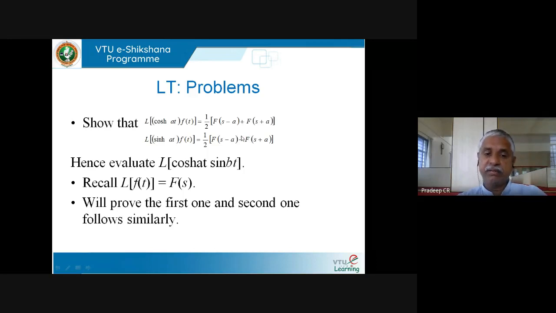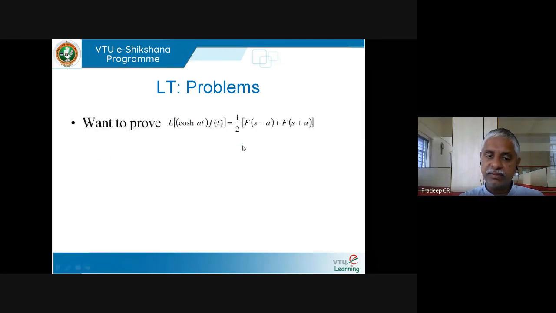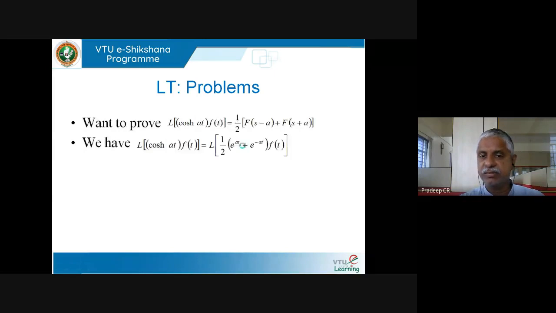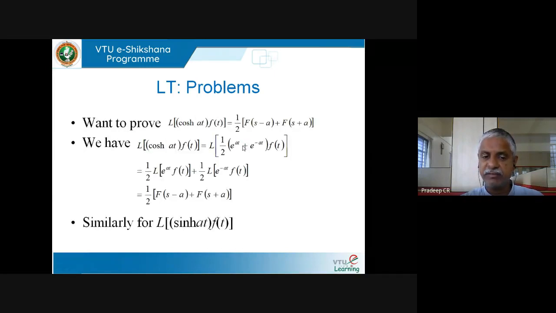That's basically because sinh at is e power at minus e power minus at, by 2. Cosh at is e power at plus e power minus at, by 2. So the plus is showing up here as plus and this minus is showing up as minus here. That's all. So you can very easily see these proofs. They are very simple and straightforward.